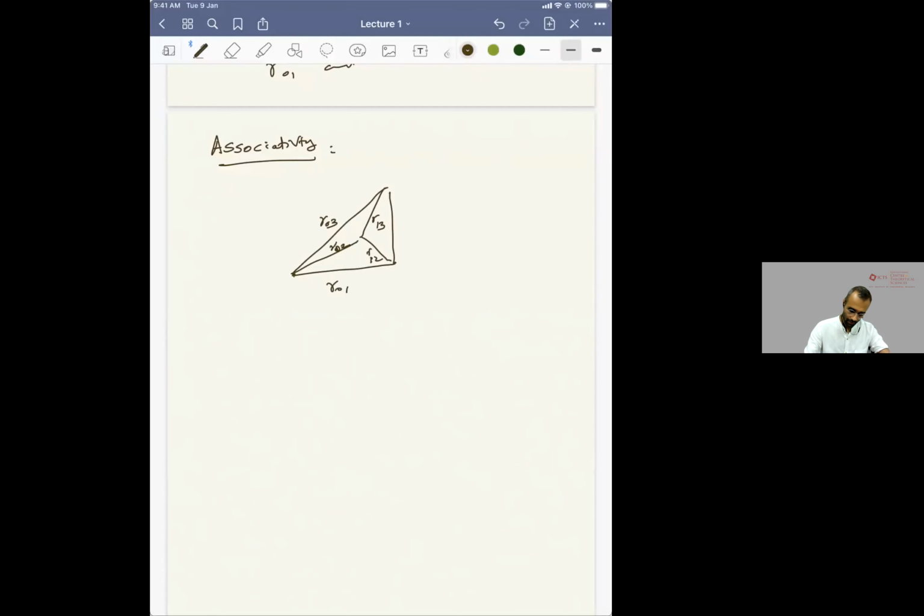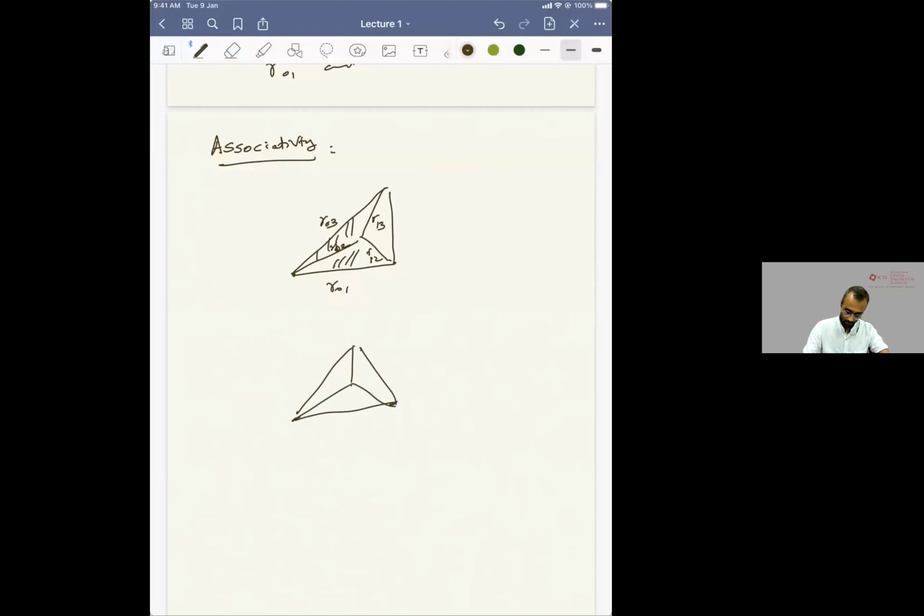You could have instead composed the other way. You could first have chosen a composite of gamma 0,1, gamma 1,2. Oh, sorry. I apologize. You could have chosen the other two faces, so I'm doing it wrong. You could have chosen the face.